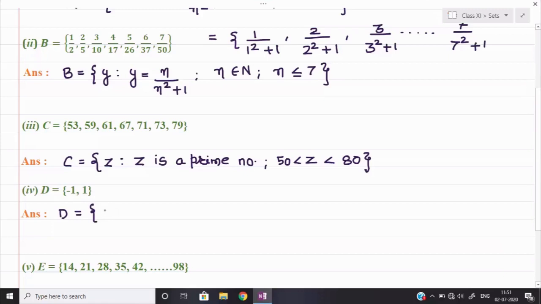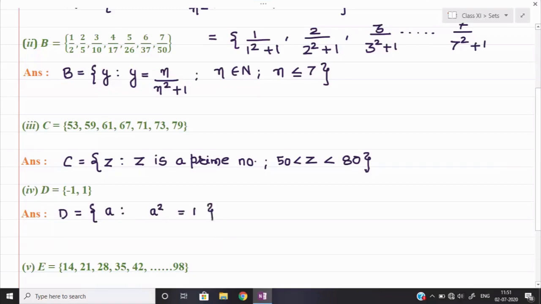For example, if I take one element a such that a square is equal to 1.